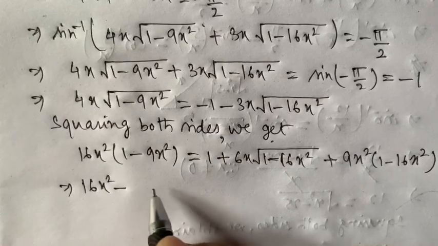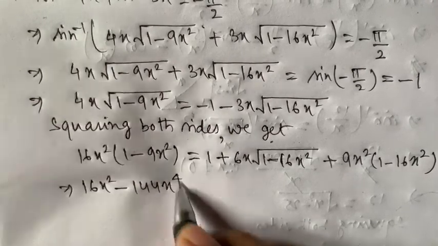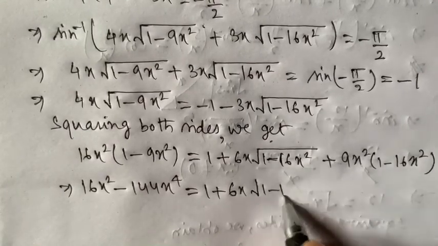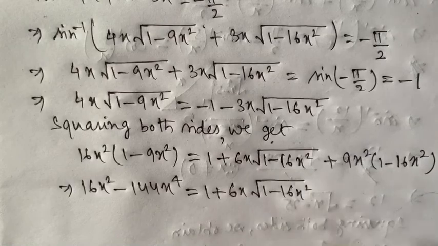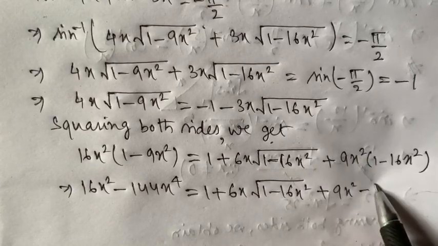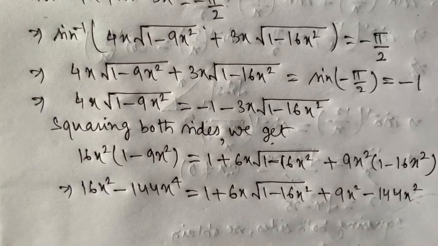It is 16x square minus 144x power 4 equals 1 plus 6x root under 1 minus 16x square plus 9x square minus 144x power 4.